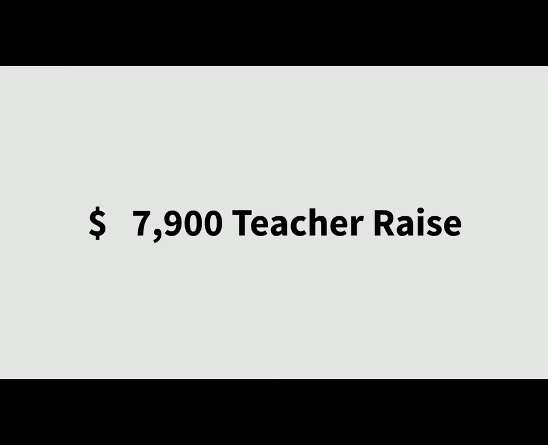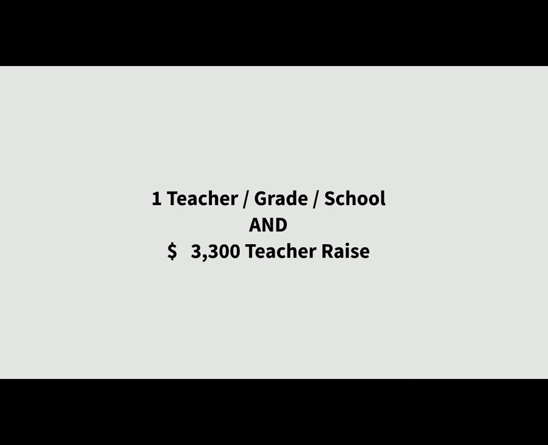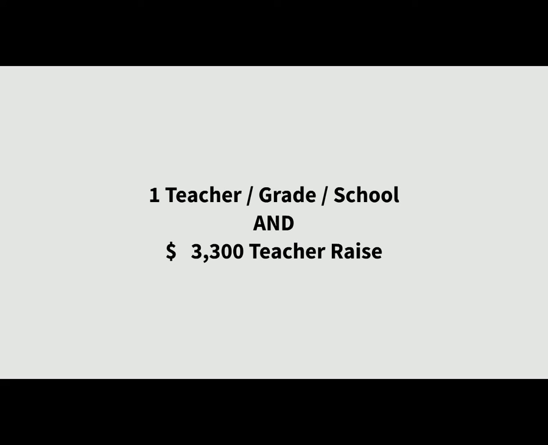Another option would have been to give every teacher close to a $7,900 raise. Maybe a combination of the two would have been preferred, adding a teacher per grade per school, and giving each teacher a $3,300 raise.